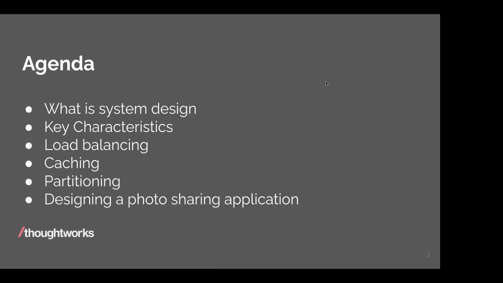Today's agenda: we will discuss what system design is, what a high performance system design looks like, and what the key characteristics of a high performance system are. The main three concepts are load balancing, caching, and partitioning. The second half would be designing an actual photo sharing application, which will be an interactive session with a lot of activities.